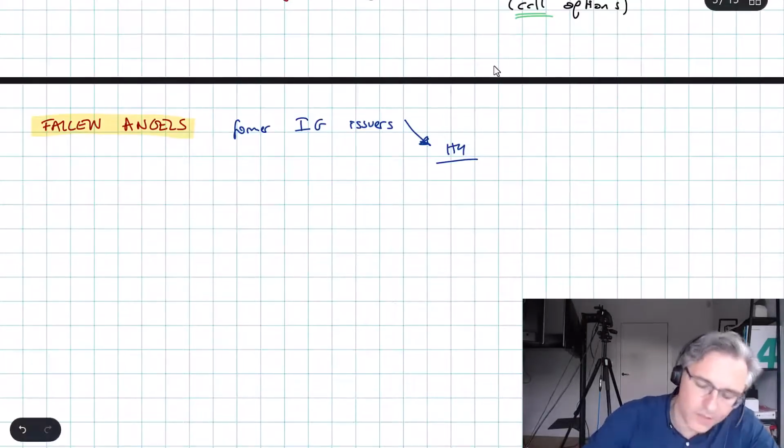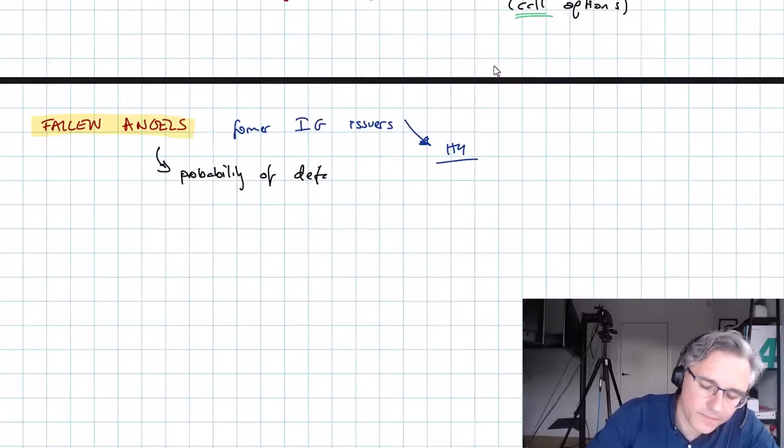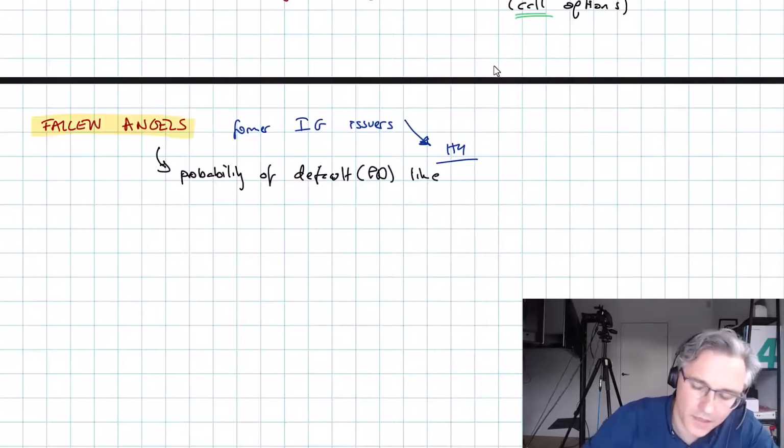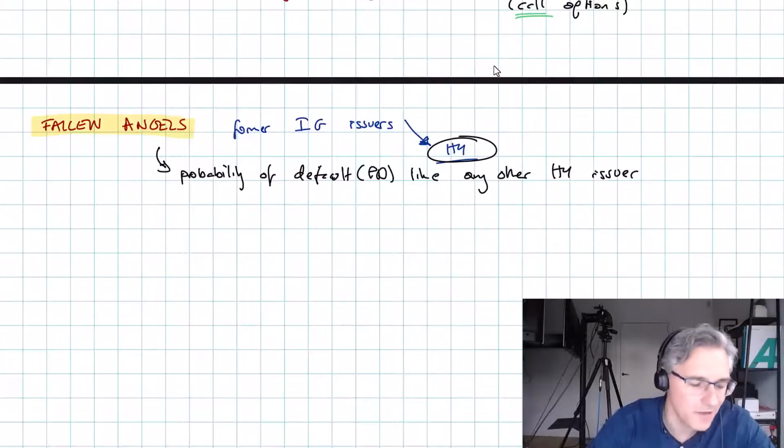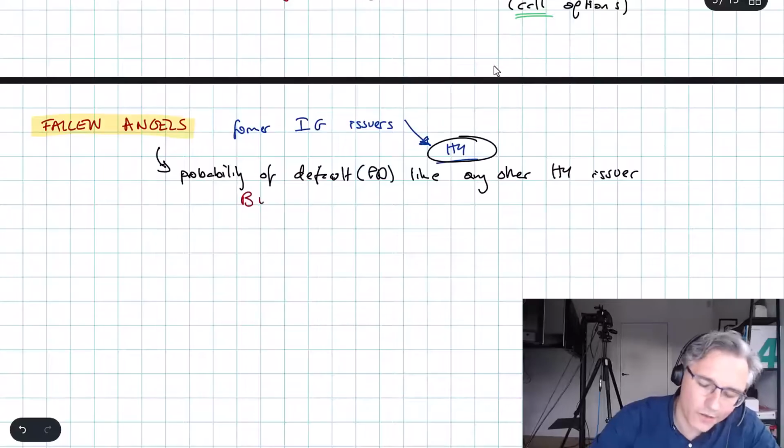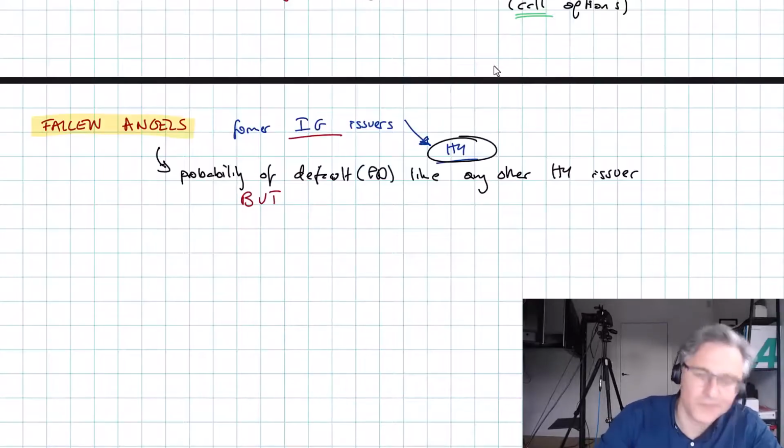The interesting thing about them is these fallen angels now have probability of default, or PD, just like any other high yield issuer. They're just like anybody else who's down here in this club, but a lot of their debt was issued back at the time when they were still investment grade.